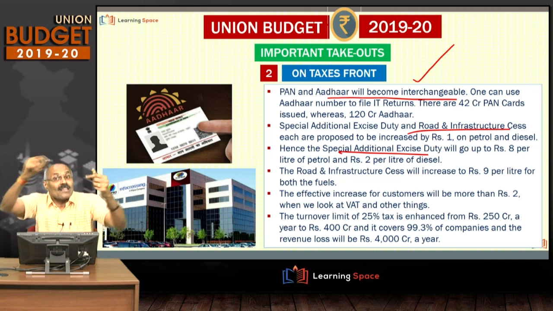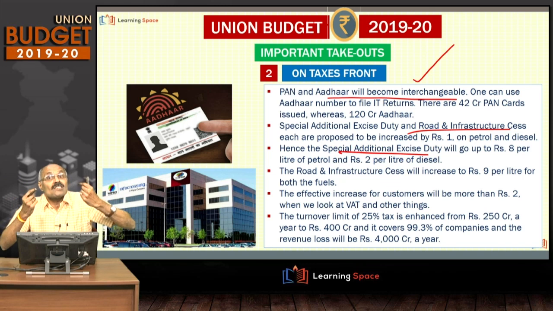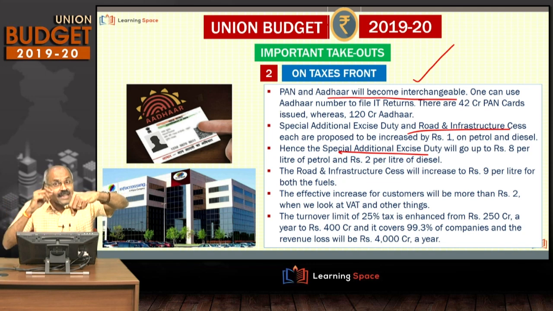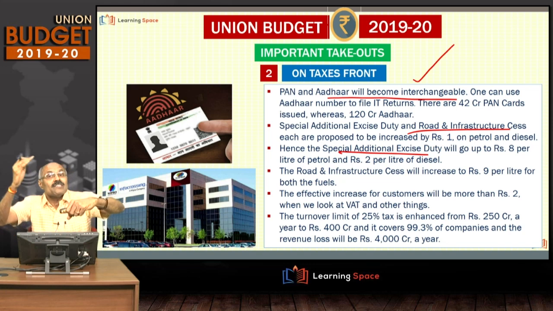So for the common man, petrol and diesel are going to cost more than rupees 2 as far as this budgetary announcement is concerned. That means petrol and diesel prices will increase by more than rupees 2 after this budget, right?